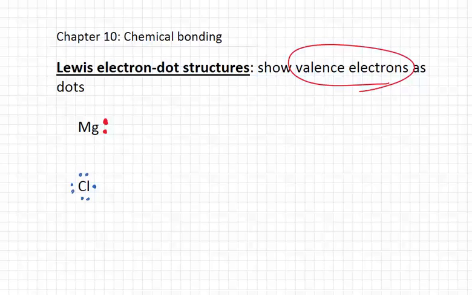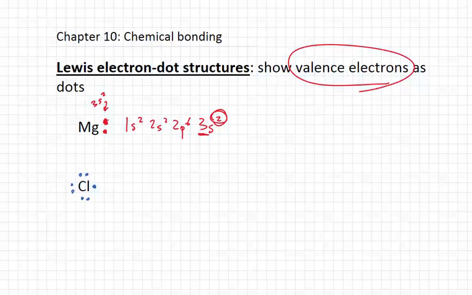If we were to quickly write this electron configuration, 1s2, 2s2, 2p6, 3s2. In this electron configuration, which ones are the valence electrons? It's these ones, right? N equals 3 is the valence shell. So 3s2, that's what we've drawn right here.